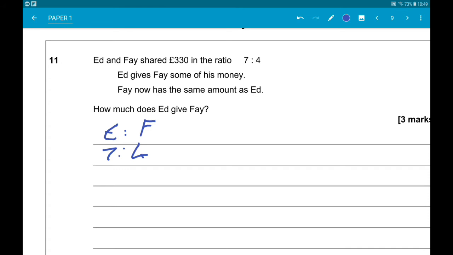Okay, first up, let's work out how much they both got from the ratio. So 7 add 4 is 11. Then we need to do 330 divided by 11.